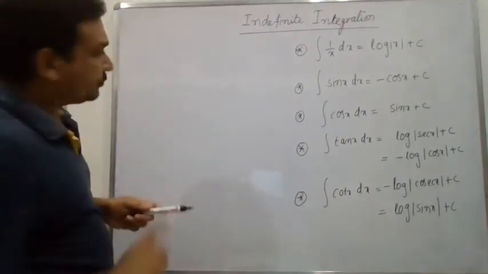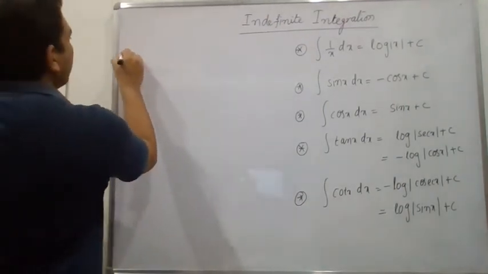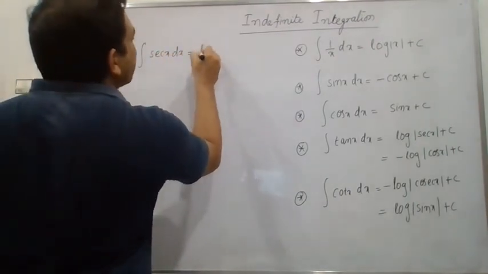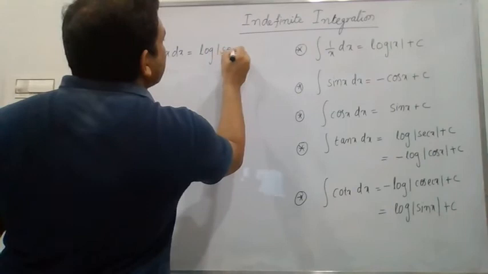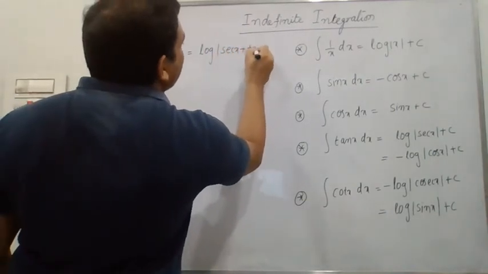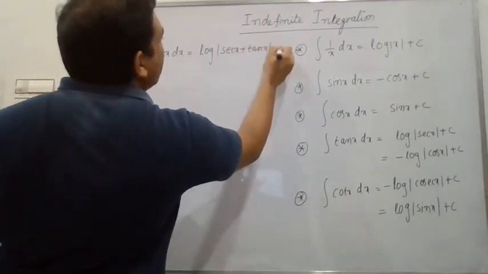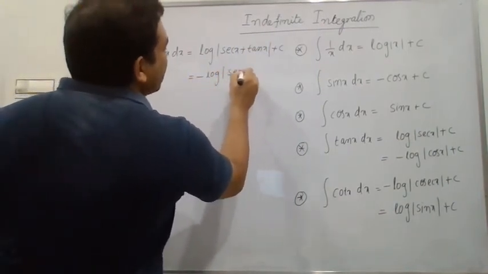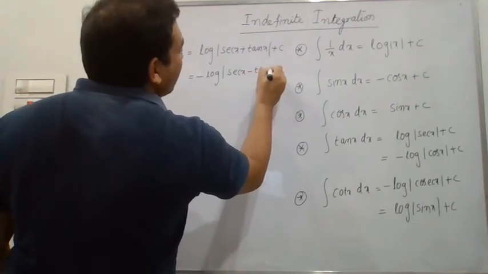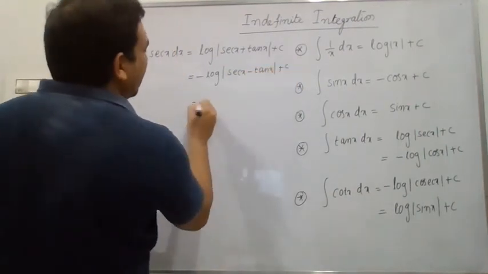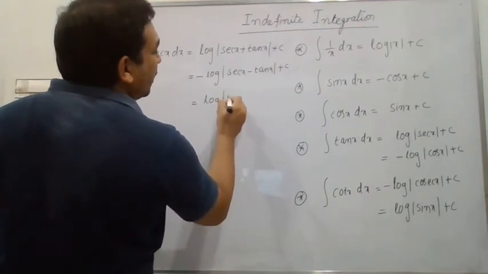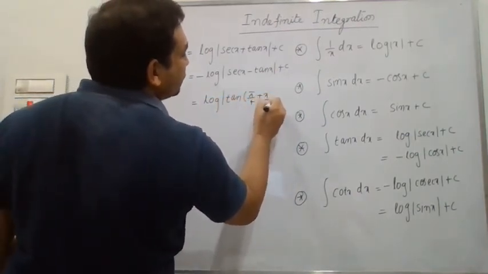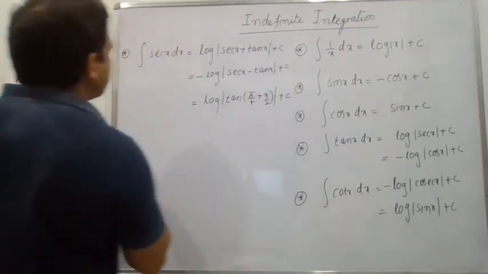Next, integration of secant x dx, which is log of mod secant x plus tan x plus c, or we can write it as minus log of mod secant x minus tan x plus c, or we can write it as log of mod tan of pi by 4 plus x by 2. All these three are the same answers.